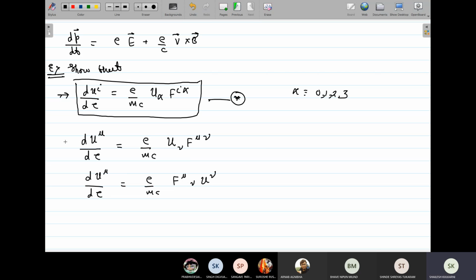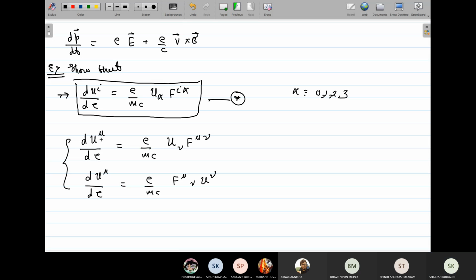Another advantage of this equation is that once you write this relation in one frame, it holds in every frame, because we know how one frame is related to any other inertial frame or to the rest frame. That is the Lorentz transformation, boosts.